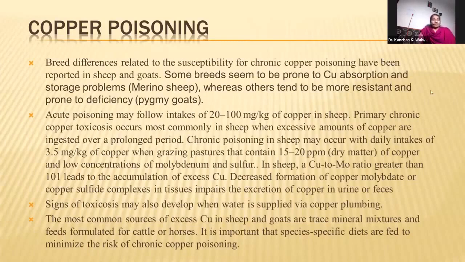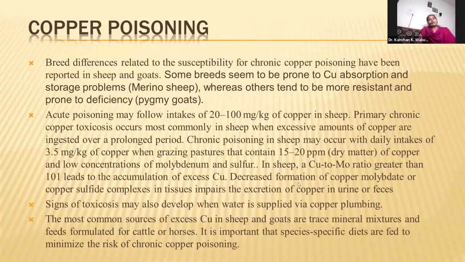Even if the copper is incorporated in the feed, in the concentrate mixture, at the rate of 15 to 20 parts per million, that also causes copper toxicity. And if a particular soil is deficient in molybdenum and sulfur, that will also indirectly cause copper accumulation and copper poisoning. In sheep, a copper to molybdenum ratio greater than 10:1 leads to accumulation of excess copper in the blood and in the body tissues.